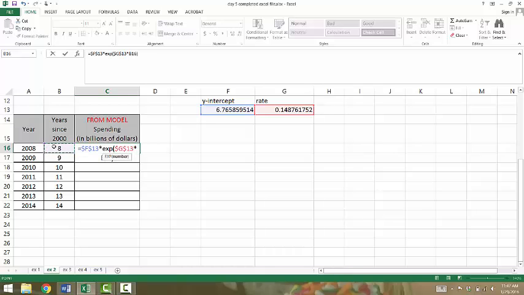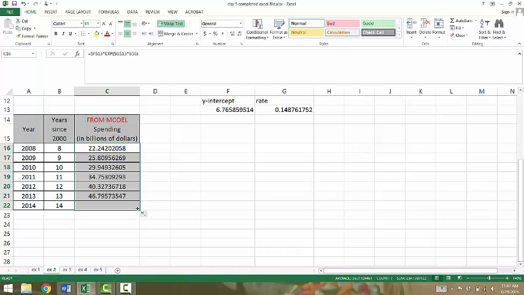Okay, again, notice I am using absolute cell references with the function F4 to hold the y-intercept and the rate value constant, and then we're referencing the cell to the left to get the x value. I'll drag that down.